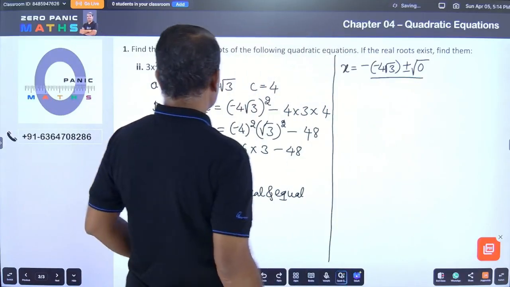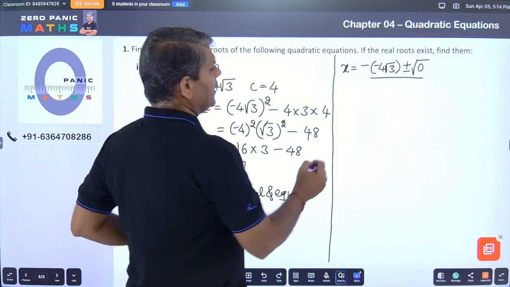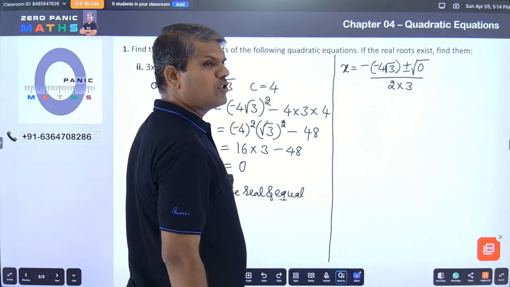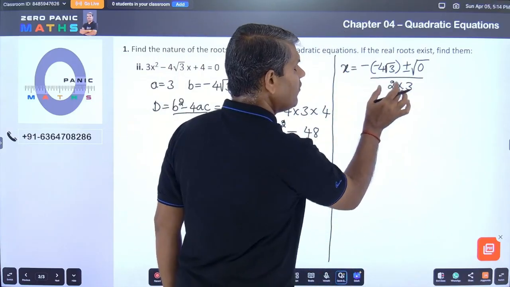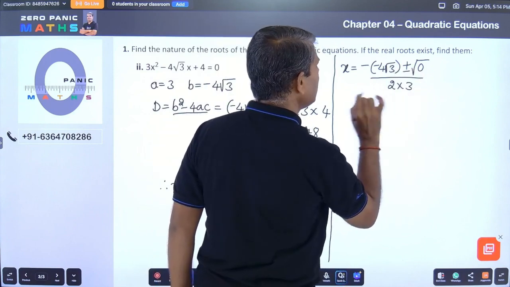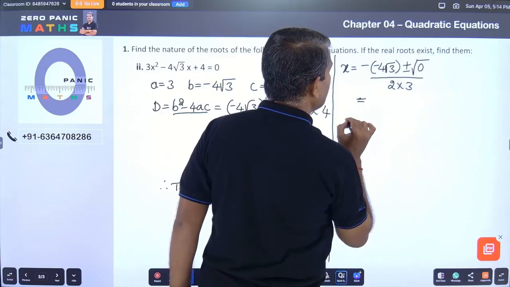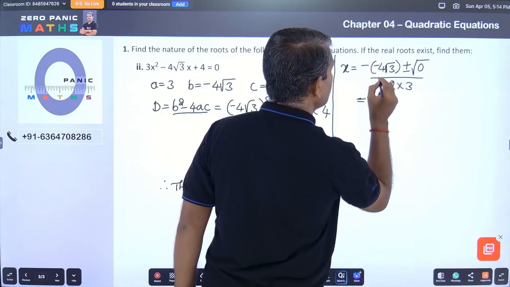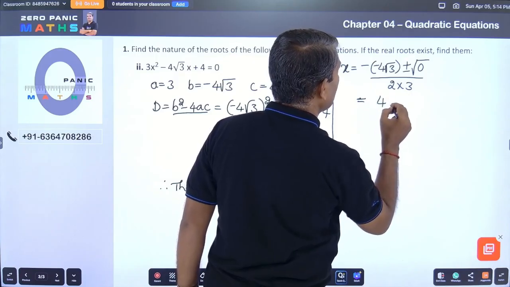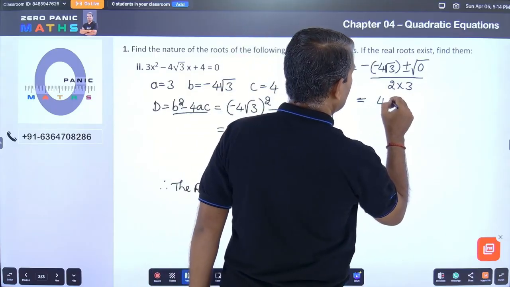Now 2a is 2 into 3. The two roots are actually the same value, one with plus 0 and one with minus 0. It does not make any difference. So minus into minus is 4, and I will write that as 4 root 3.